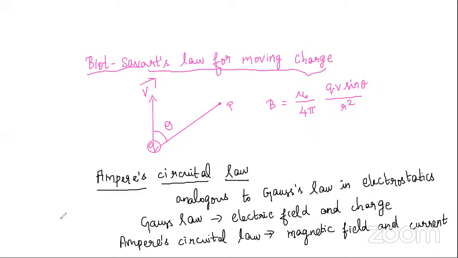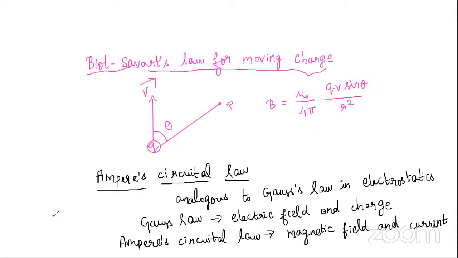So this is the comparison of Gauss law with the Ampere circuital law. And instead of using Biot-Savart law and going for some complicated calculations, you can apply the Ampere circuital law and find out the magnetic field easily.